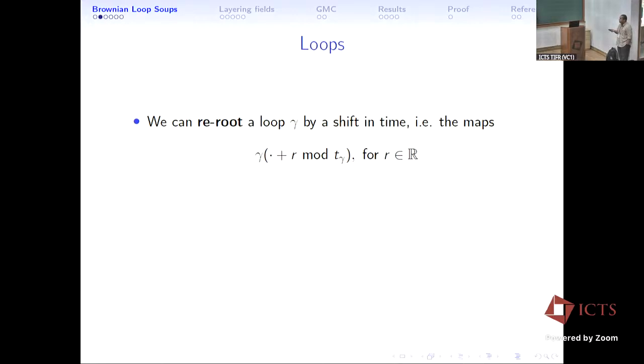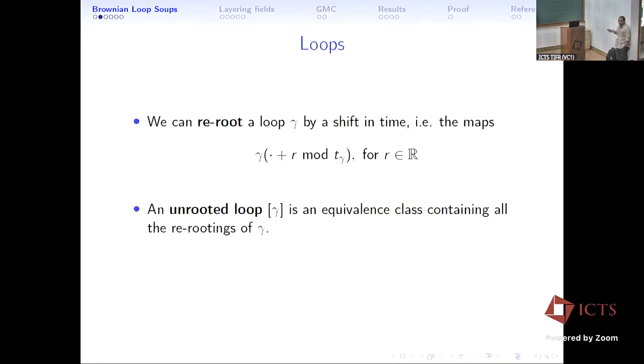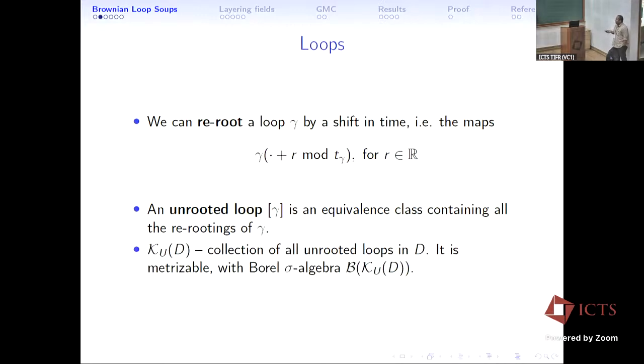All the rerootings of the loop form an equivalence class, and that will be, for me, an unrooted loop. I'm going to call it also gamma, because why not? The space of unrooted loops is denoted by K of U, and it has a topology. It's metrizable, and it has a whole sigma algebra with respect to that topology.